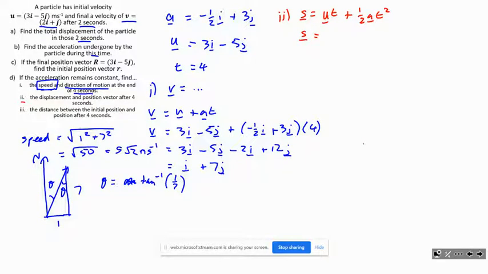Which is 4 lots of 3i - 5j plus a half times t squared, which is 4 squared, times a, which is negative a half i + 3j.